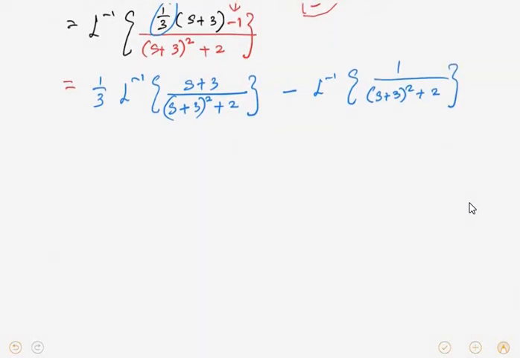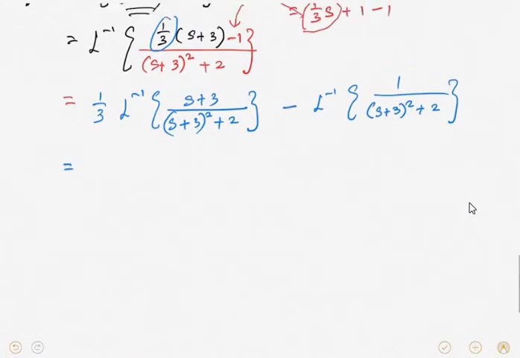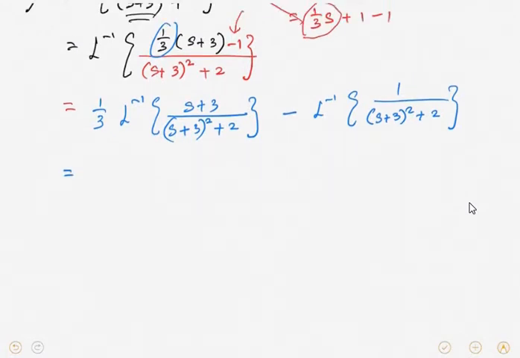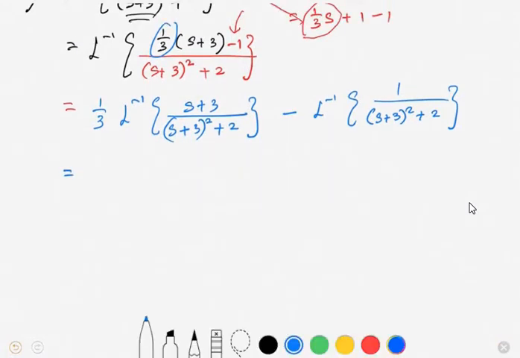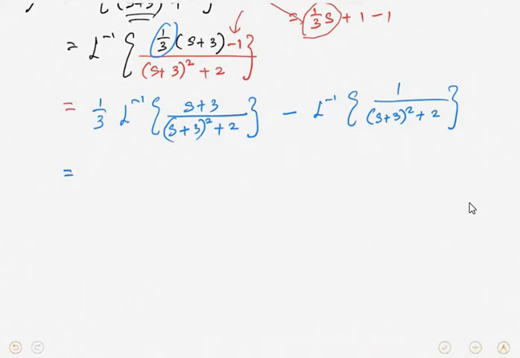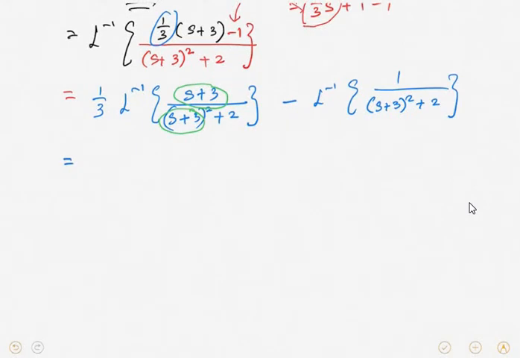Alright. Now, this part is a shifting. Okay, first shift theorems. Okay, let me write here.